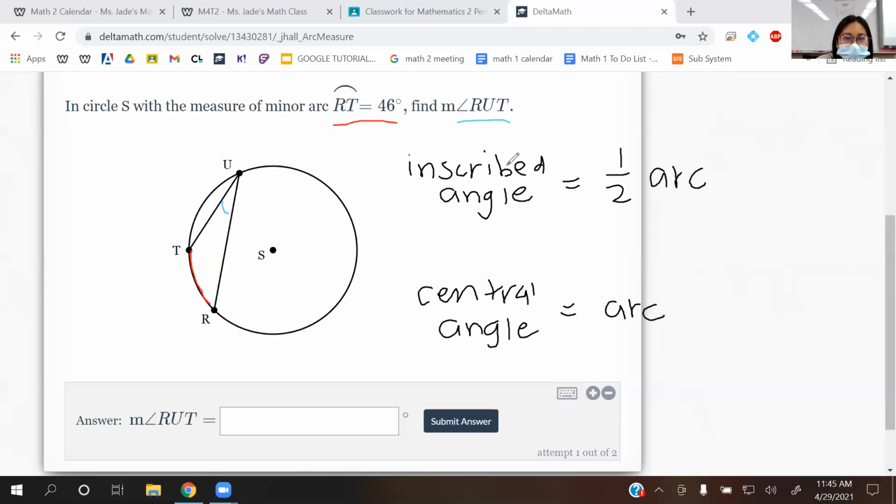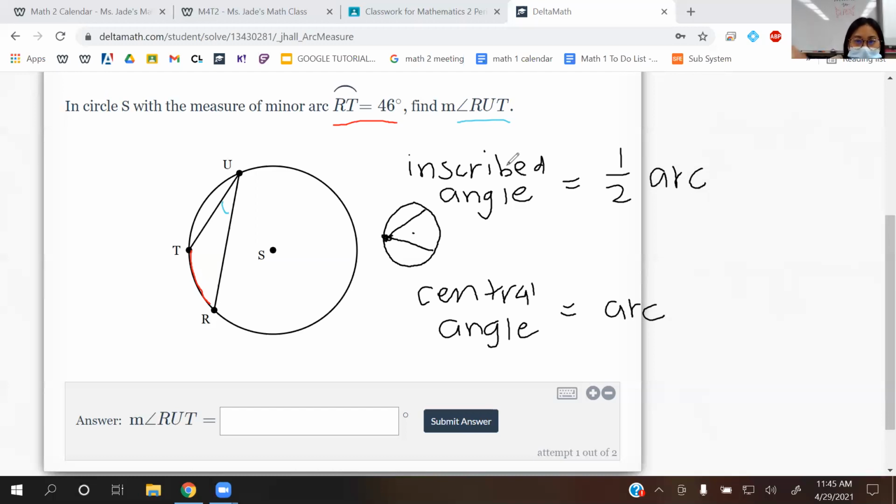Okay, and then if you forgot what an inscribed angle is and a central angle, let me just draw you a circle. For the inscribed angle, it just means the corner of your angle is on the circle. So, like say over there, this is an inscribed angle because the vertex is on the circle.